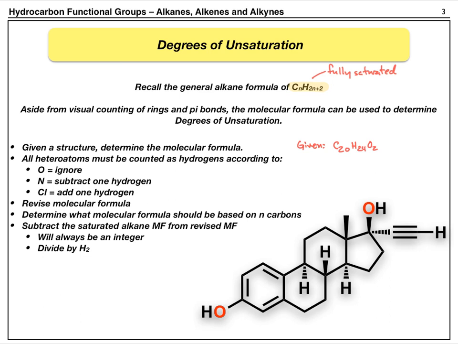Given a structure, determine the molecular formula, so we did that. All heteroatoms must be counted as hydrogens according to the following. We ignore oxygen. So what does this become? We're ignoring oxygen, it's going to be C20H24.